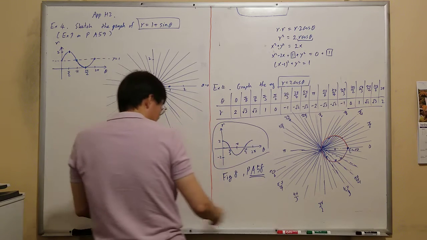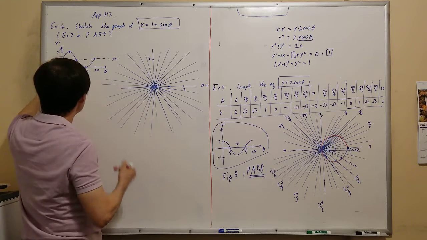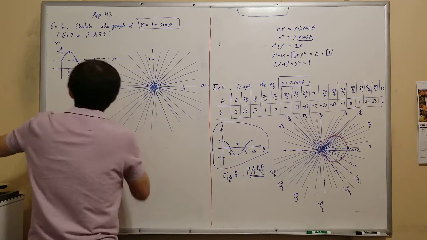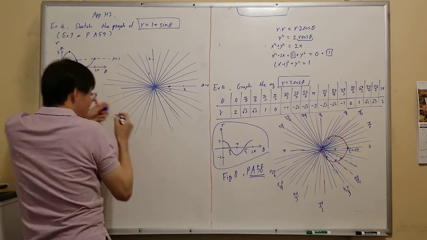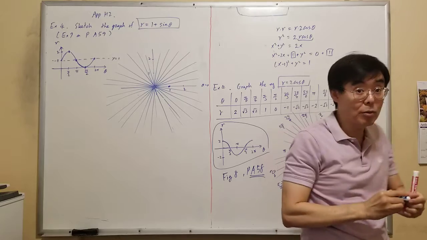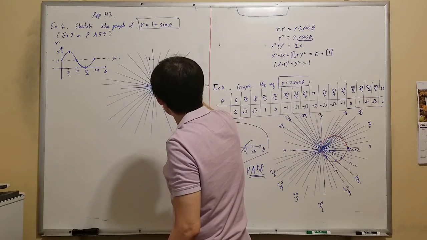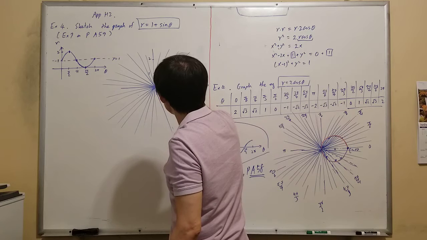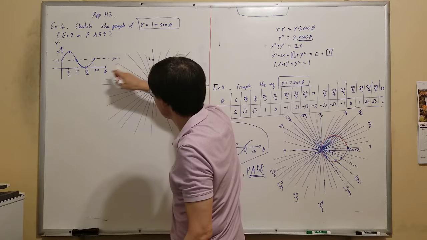Now here, when theta equals 0, you start at 1. And as theta increases from 0 to pi over 2, r increases from 1 to 2. So distance 1, but a bit longer and longer as we go up to 2 at pi over 2.